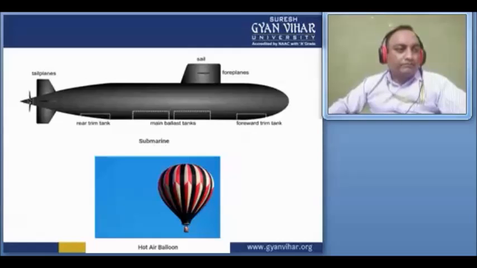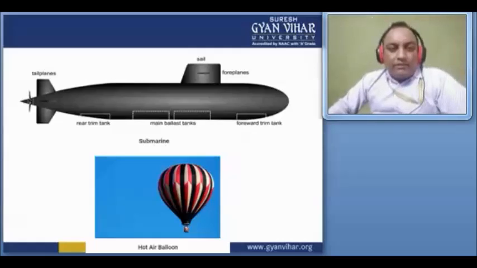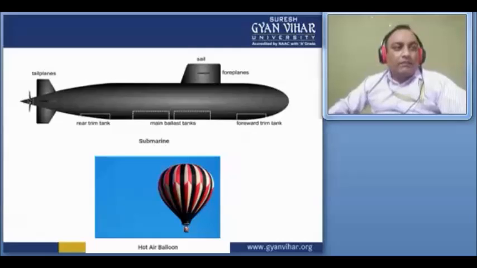The second case is the hot air balloon. In the hot air balloon, the atmosphere is filled with air that exerts buoyant force on any object. A hot air balloon rises and floats due to the buoyant force.